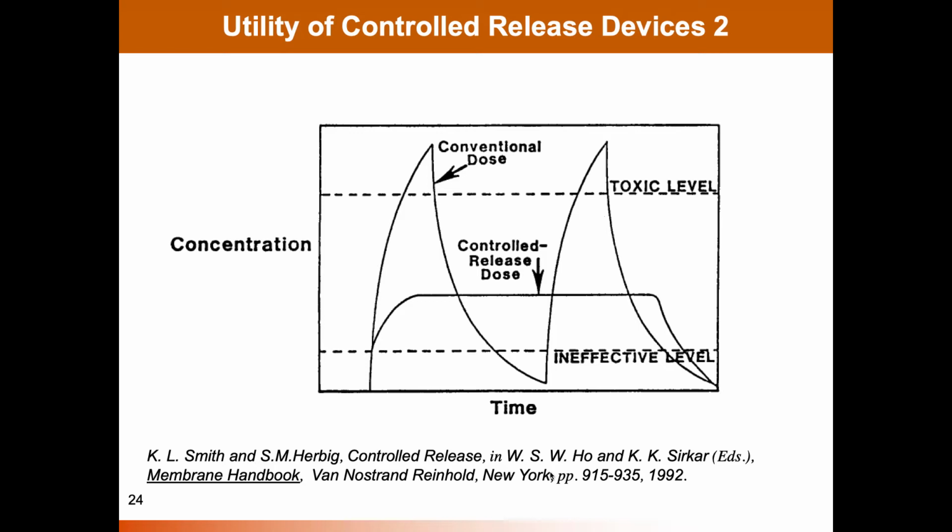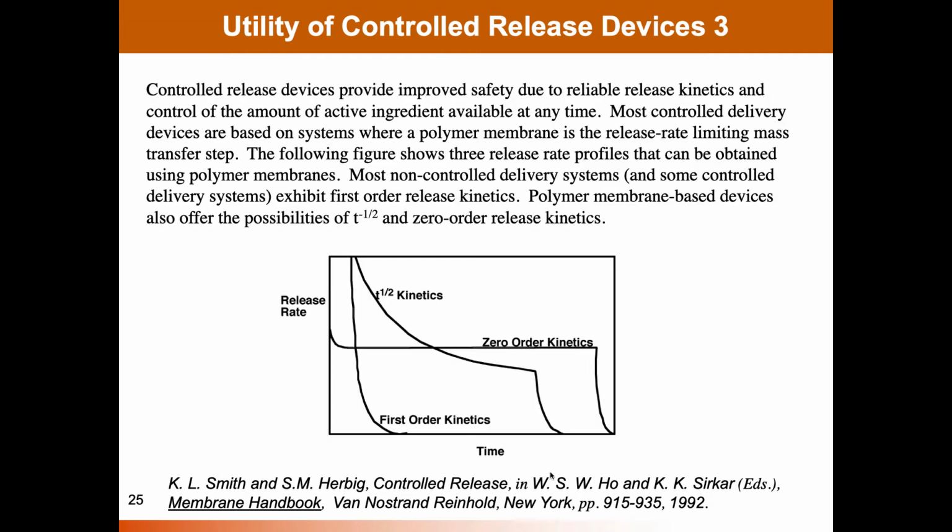The idea behind controlled release technology is to release an amount of drug over long periods of time in this therapeutically effective window without ever going through these cycles where you're above the toxic limit or below the ineffective limit. And so that's the objective of this.